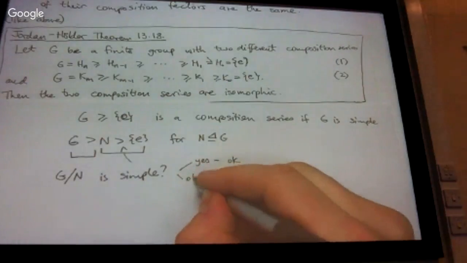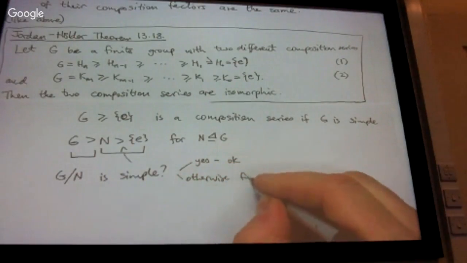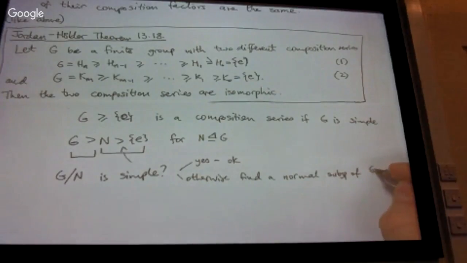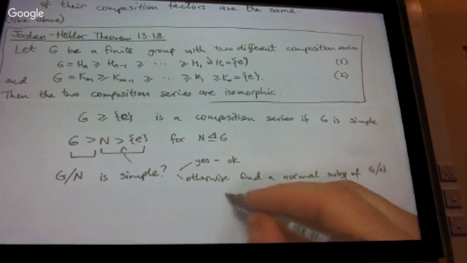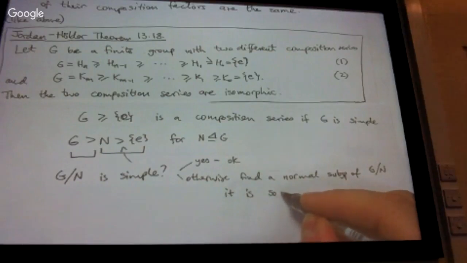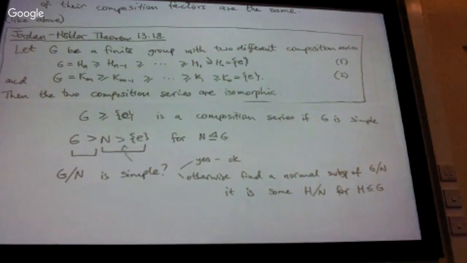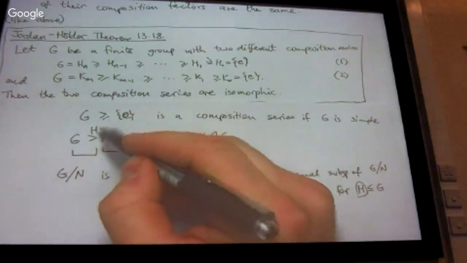Otherwise, find a normal subgroup of this factor group, and then because of the correspondence theorem of subgroups in factor groups, you can find some subgroup of G which goes in there, so you can insert.